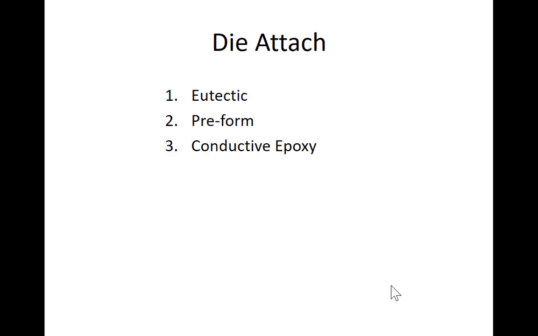The fact that this die attach is done at a hot temperature is kind of bad. Because if you look at that die after you saw it apart, that die is this nice rectangular type structure. What happens when you heat it up?